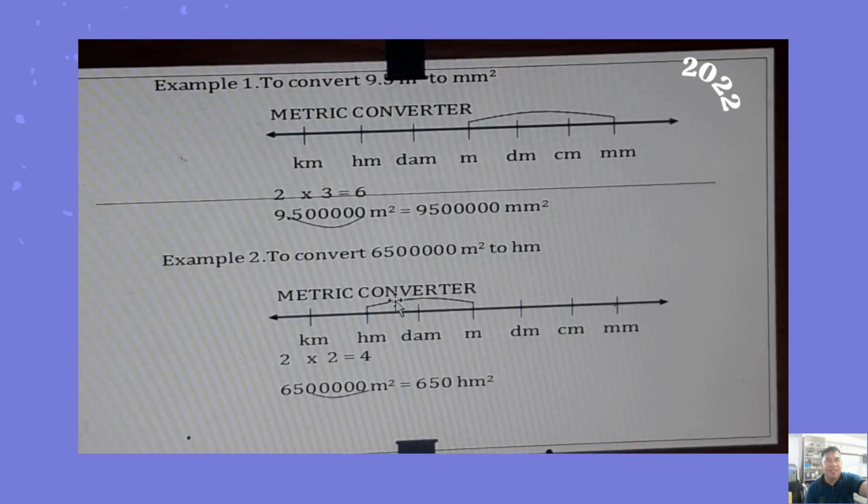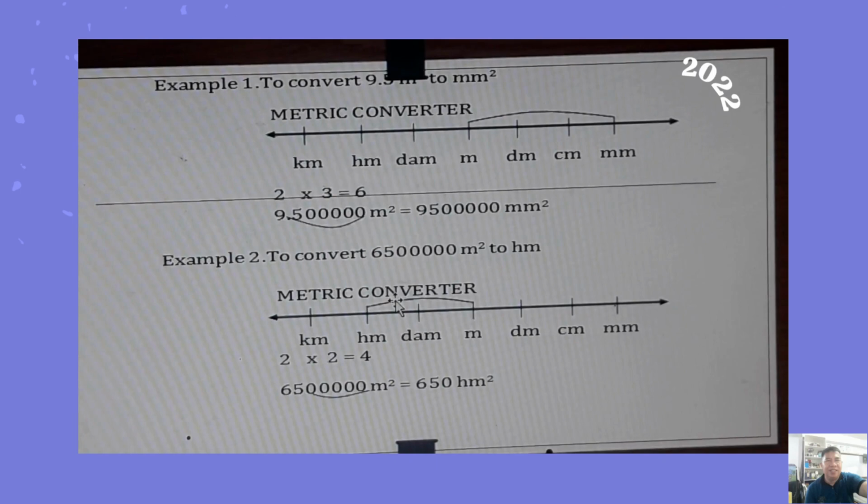Like for example, here, if you are required to convert 9.5 square meters to square millimeters. Again, using metric converter, you have to count how many times you move from meter to millimeters. So notice that we are moving 3 times to the left.